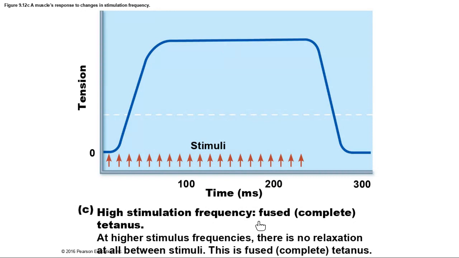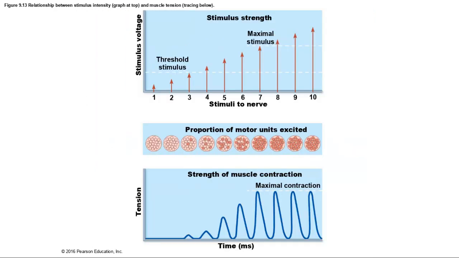All right, so do know the difference here between a fused and an unfused tetanus in terms of temporal summation. What's this? Just showing you the relationship between the strength of a stimulus and, let me go backwards. This is representing spatial summation. Okay, so in spatial summation, remember what you're doing, and this middle picture here sort of illustrates it.